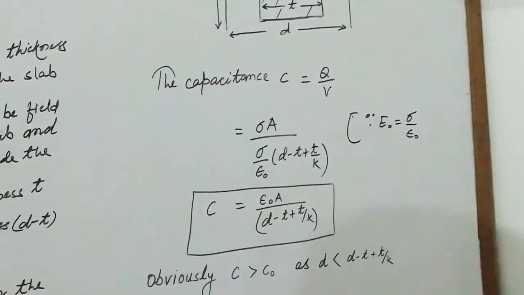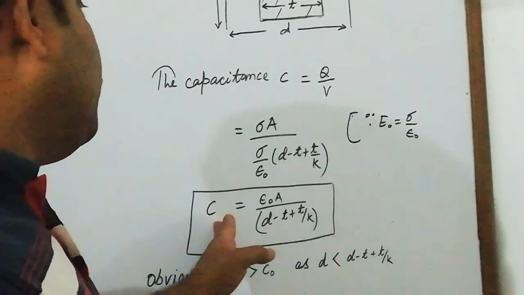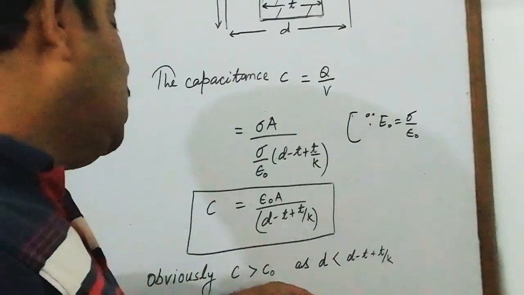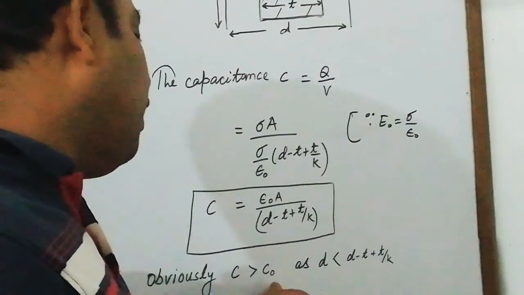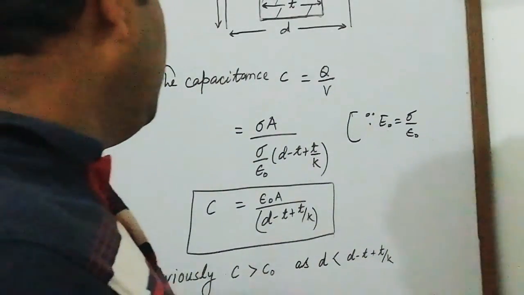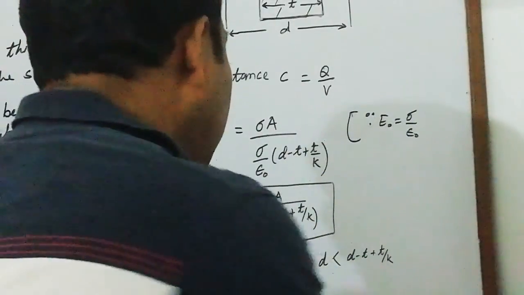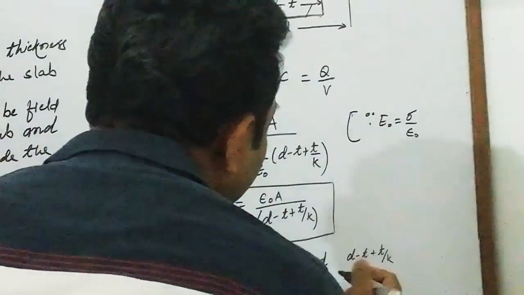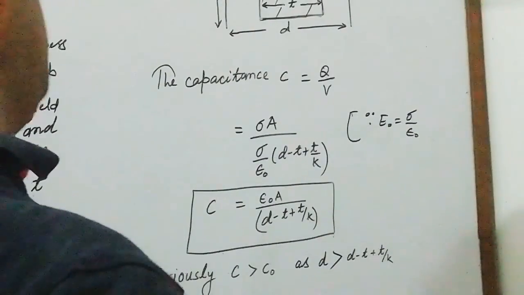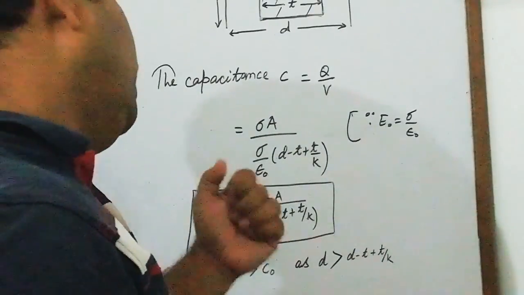Now see, the capacitance of the parallel plate capacitor with dielectric inserted will be greater than C naught, the capacitance of the parallel plate capacitor having air or free space between the plates, because d is greater than d minus t plus t by K. If the denominator is greater, the quantity will be less.